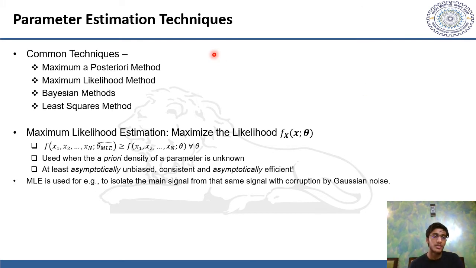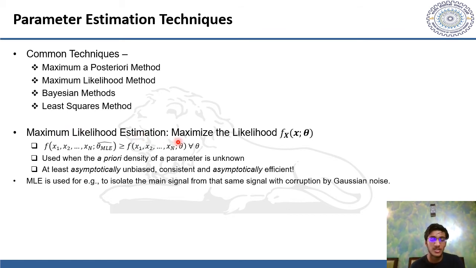Now, some of the common parameter estimation techniques would include the maximum a posteriori method and the maximum likelihood method. There are also Bayesian methods and the least squares method. Say, for example, we can consider just the maximum likelihood estimation case for discussion.